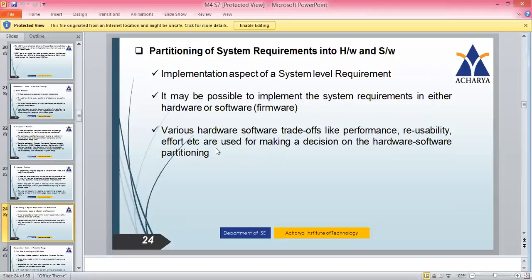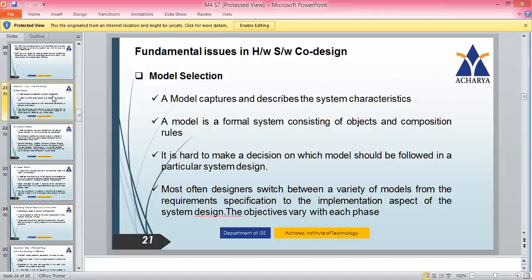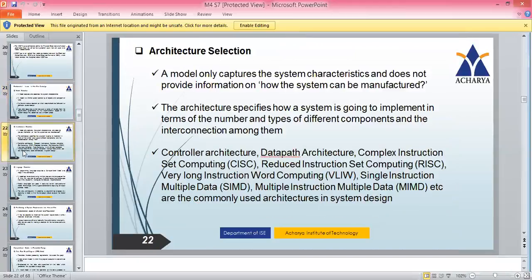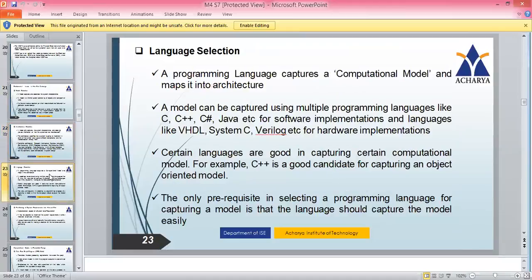So to summarize, we discussed today the different issues of hardware software co-design. The first one was model selection. We discussed which model, that is spiral model or waterfall model. Likewise, we do the model selections. Second one, the architectural selections. In case of software architectures, I told we will go for patterns, the different types of patterns. In case of hardware, we go with RISC, etc. And the next one, the different languages.